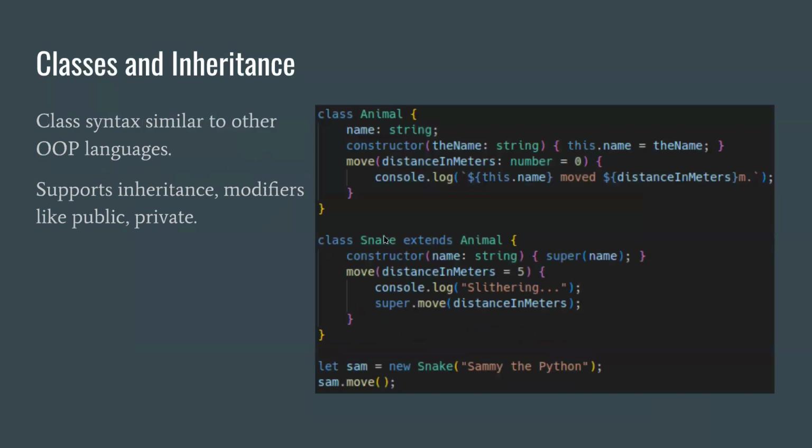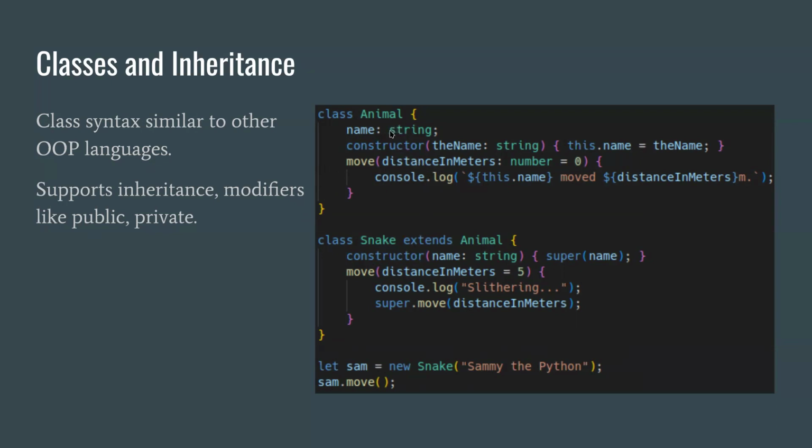Classes and inheritance. So TypeScript enhances JavaScript's capability with classical OOP features like classes and inheritance. This means you can create a class with properties and methods, and then you can extend this class to create more specific classes. So we can look at this example.